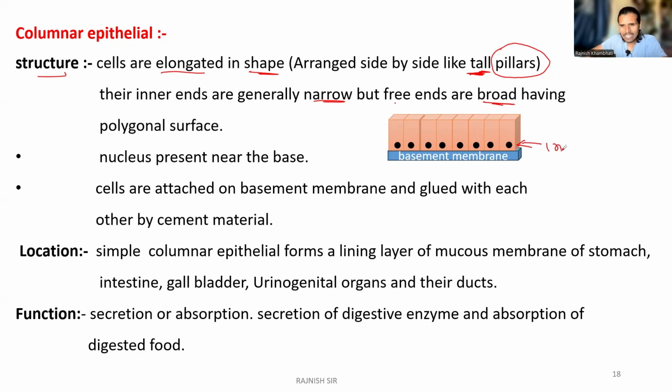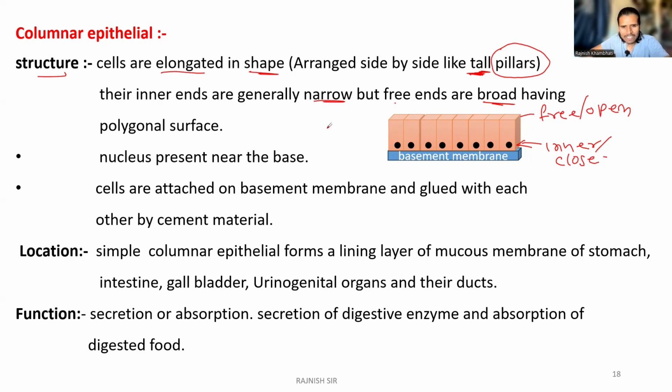Or, as I just told you, you can say it is the close end. And this is the free end or open end. The upper area is the open end or free end, and the lower area, which is connected to the basement membrane, is the inner or close end. So their close end is generally narrow, and free ends are broad.